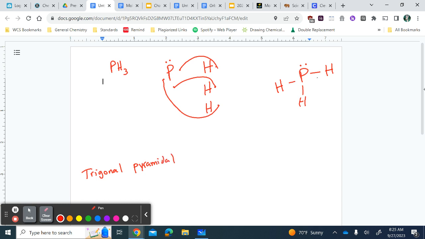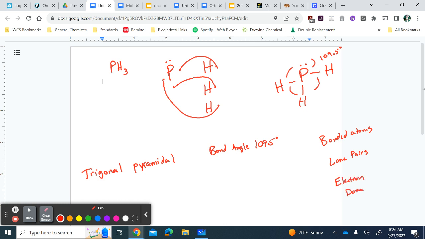In a trigonal pyramidal model, if we're looking at the angles between these, there are 4 electron domains, so our equidistant angle has to be 109.5 degrees. So our bond angle is 109.5 degrees. If we're looking at our bonded atoms, our lone pairs, and our electron domains, we can see that this phosphorus molecule has 3 hydrogens attached to it, so it has 3 bonded atoms.